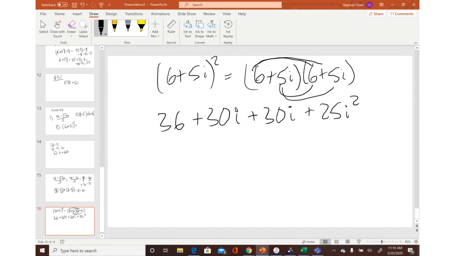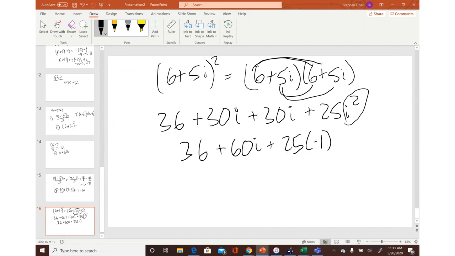Now, 36 plus 60i plus, the question becomes, what is i squared? And i squared is equal to -1.